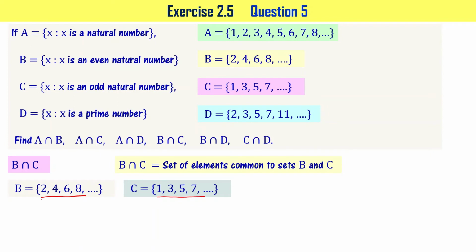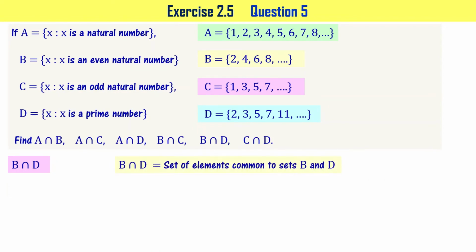These are even numbers and these are odd numbers. So there is no common element across these two sets, right? That's why B intersection C is an empty set or null set. Let's write that. B intersection C is Phi. Now let's see what is B intersection D.